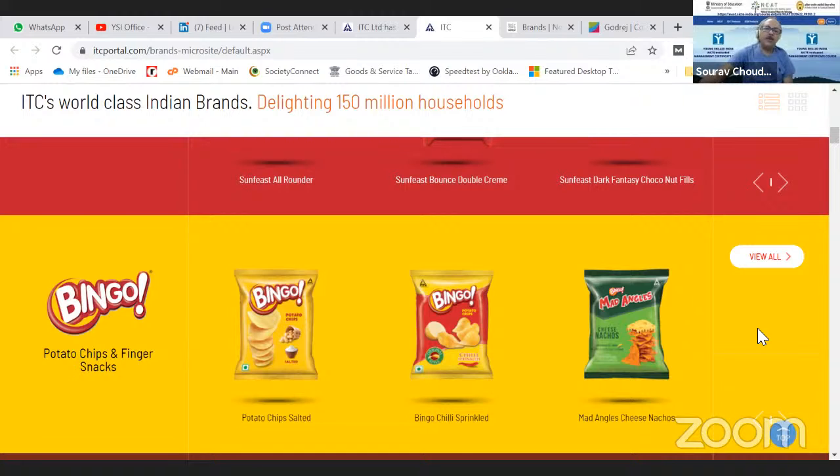What I'm saying is, you're launching different extensions when you have different variants. The chips are all snacking products. Only thing is that you're giving different variants, or even Bingo Mad Angles nachos. This is the brand extension.